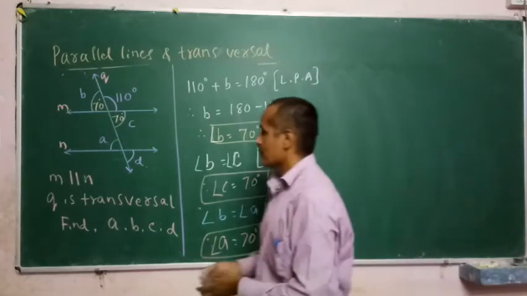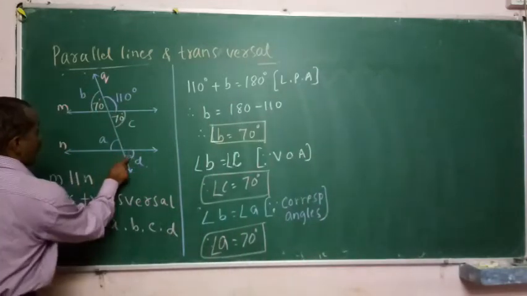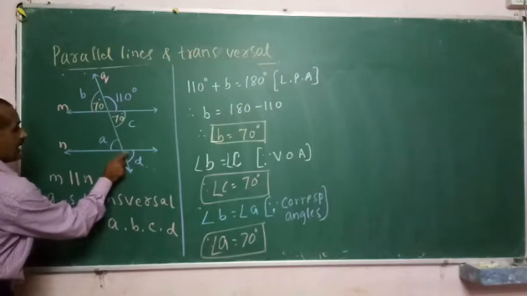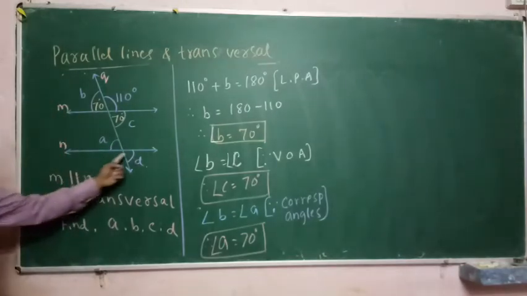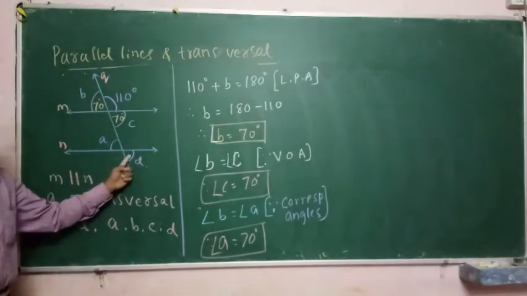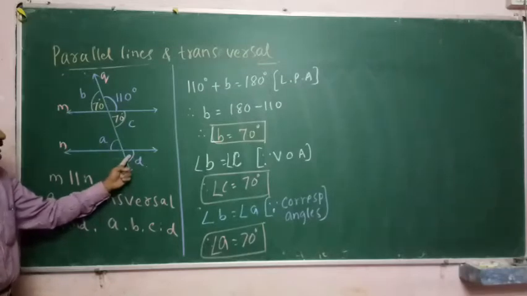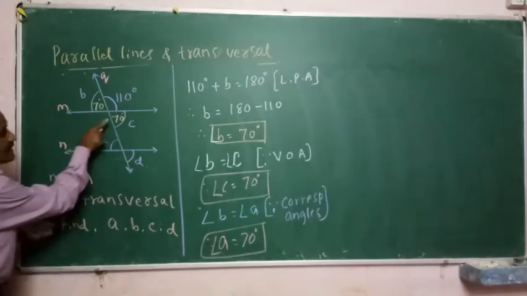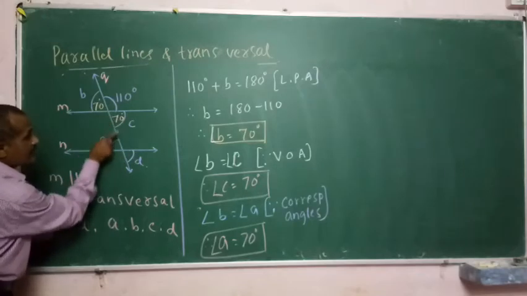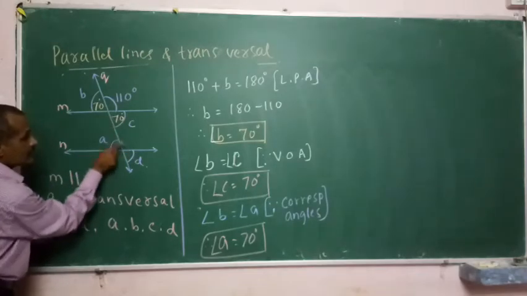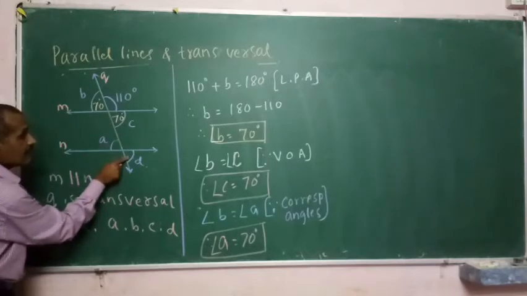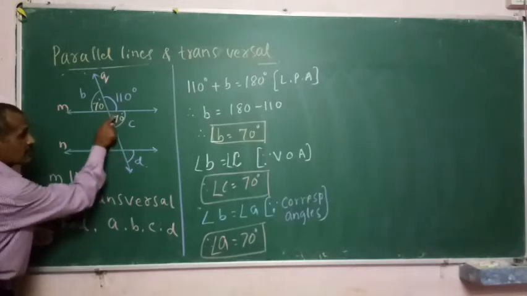Three angles we got. Now I want angle D. See, angle D I can make it so many different ways. How? See, these two are called corresponding angles, right? So corresponding angles are equal to each other.